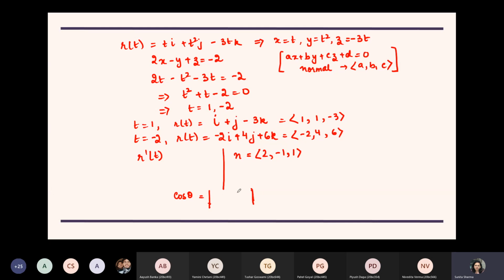Whatever you get here, take the magnitude of that particular expression. That will give you the acute angle between these two lines. Suppose you get it as say minus half or something like that. So you will take the absolute value and then theta will be cos inverse of this.